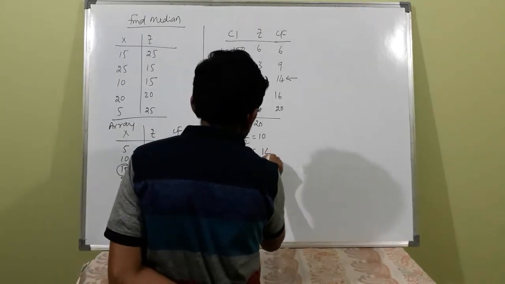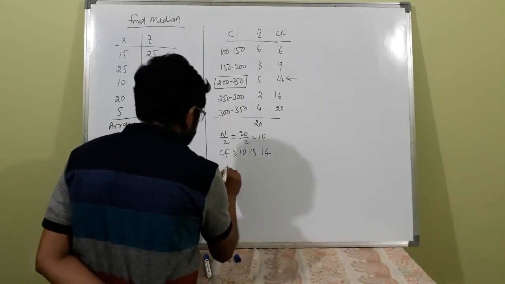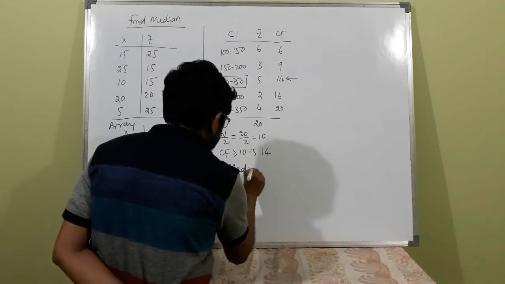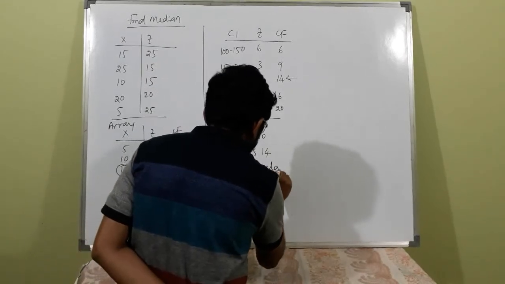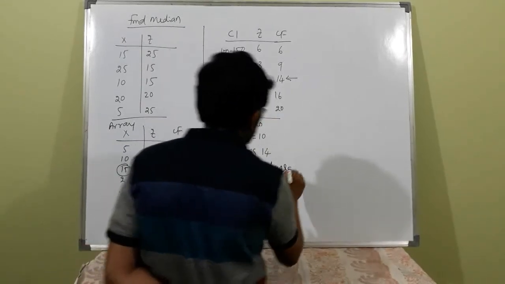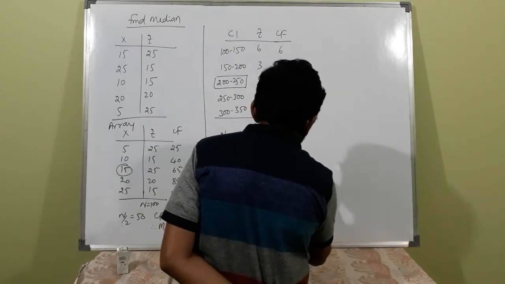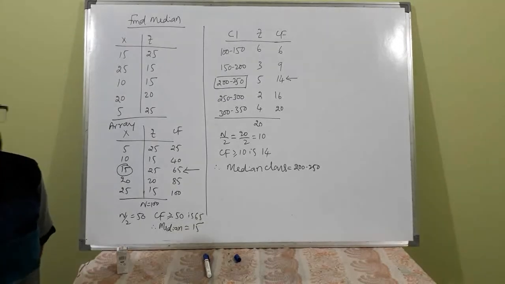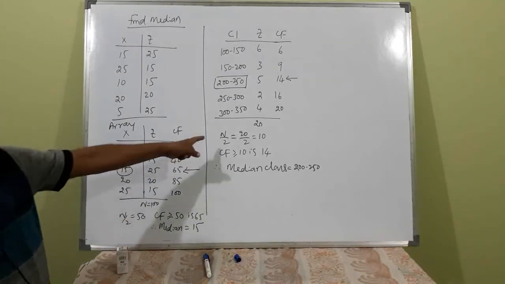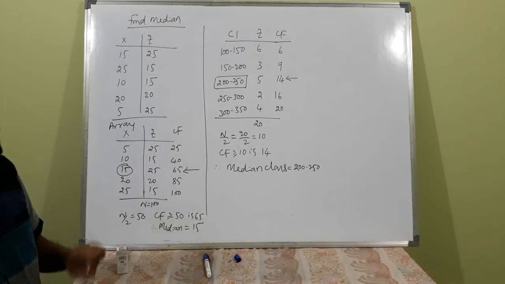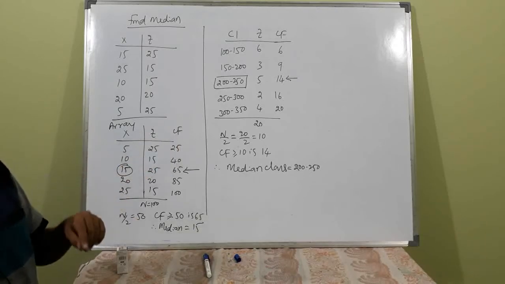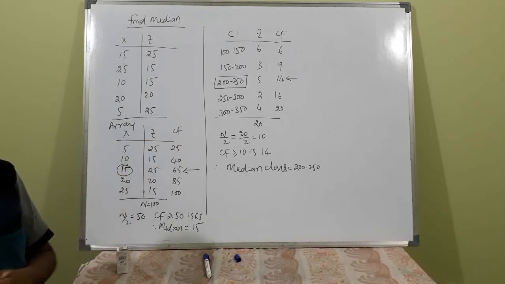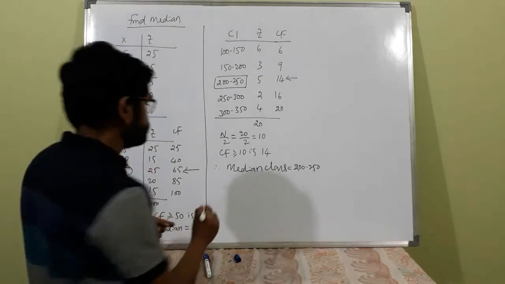Therefore, the median class is 200 to 250. You write step by step in the correct procedure. First find n by 2. Then identify the cumulative frequency greater than or equal to n by 2. Then identify the median class. Now you apply the formula.